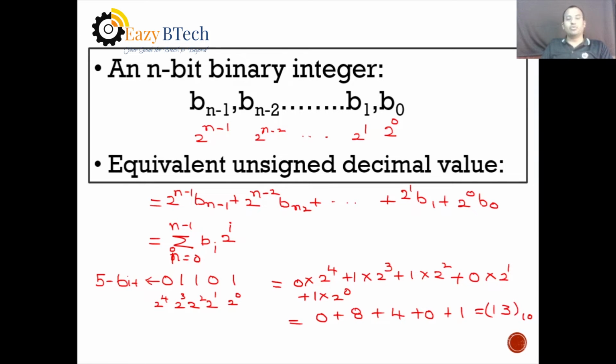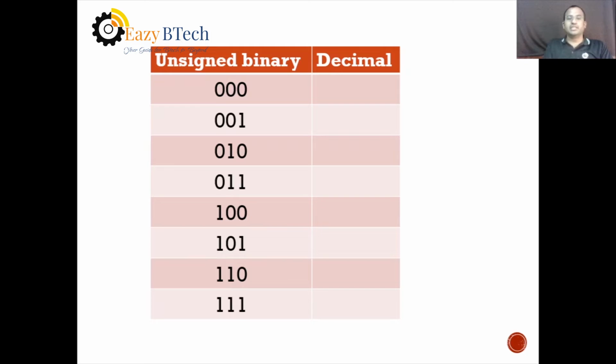So all the bits contribute to the decimal value. All the bits correspond to magnitude. There is no sign bit in an unsigned binary number. For 3-bit unsigned binary numbers, the corresponding decimal equivalents are 0, 1, 2, 3, 4, 5, 6 and 7.